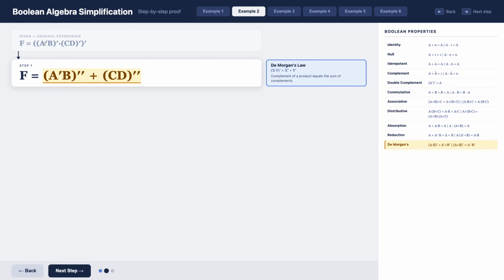So these things broke up. A bar B broke up into a term with the bar on it, but then I had to apply another bar because this bar flows through. Okay, and so that's the first step. That's just an application of De Morgan's law.